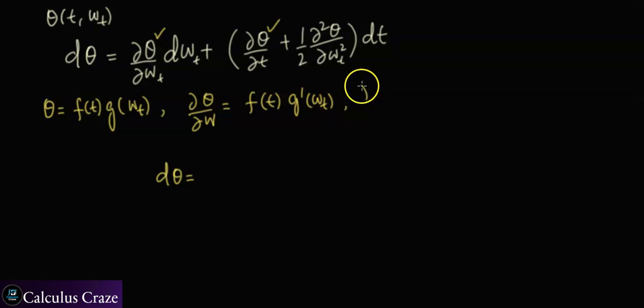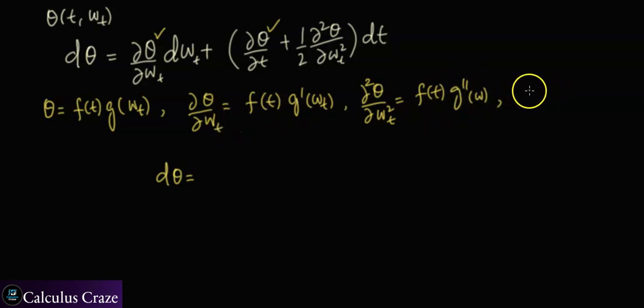And of course the second partial derivative with respect to Brownian is going to look like f of t times the second derivative of g. We also need the partial derivative of theta with respect to t, which should be the derivative of f of t times g of W sub t. So now I will substitute all of these values into the formula.